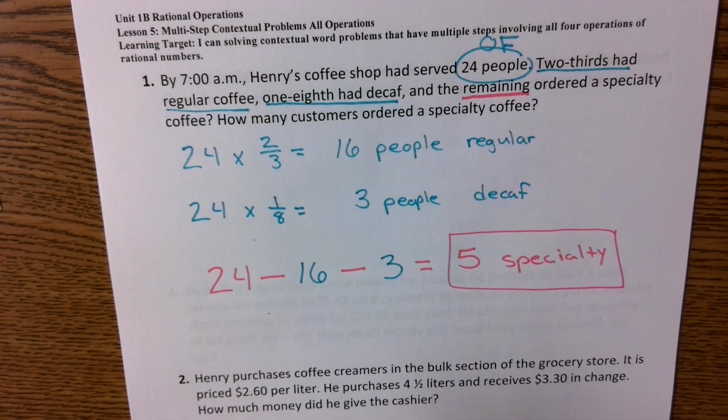Okay, so again, it's multi-step, right? We had some multiplication and then we had some subtraction. So it's not just important to know your steps, like what operation you're using, but you have to know the order that you're going to do it in first.